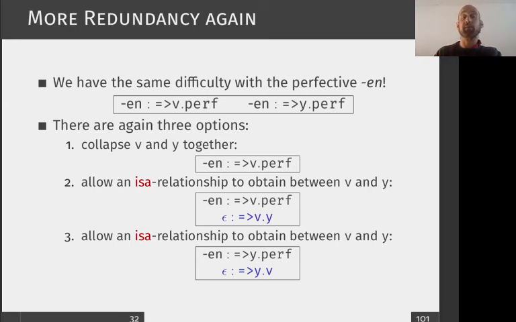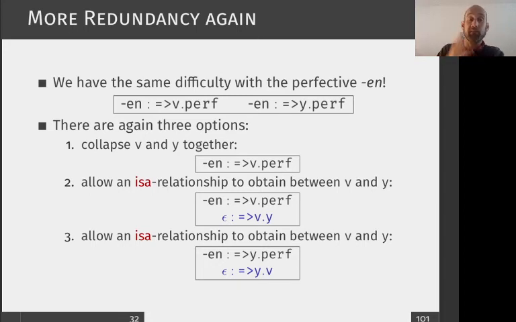We have the same difficulty with the perfective un, right? Because we can have, say, perfective be, been, and we can have perfective verbs, died or broken, right? Those have different categories. Be, been has a different distribution than died. So we have the same three options.